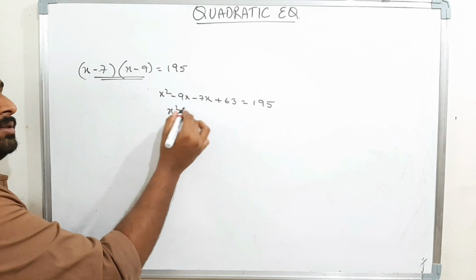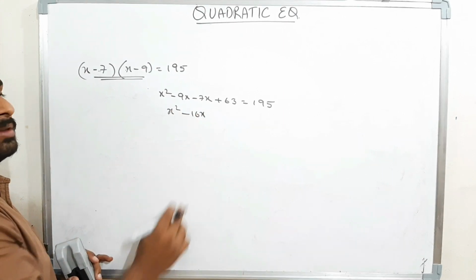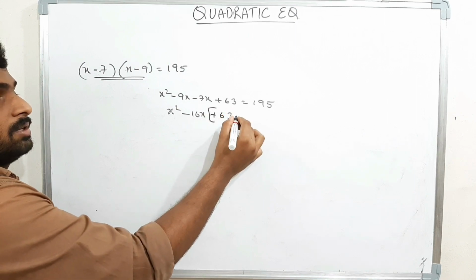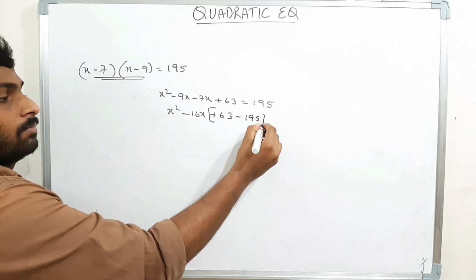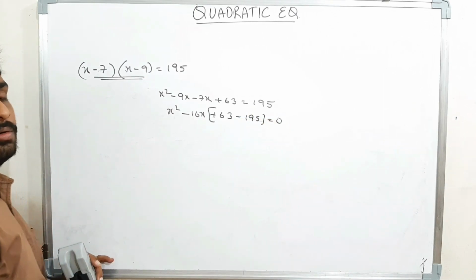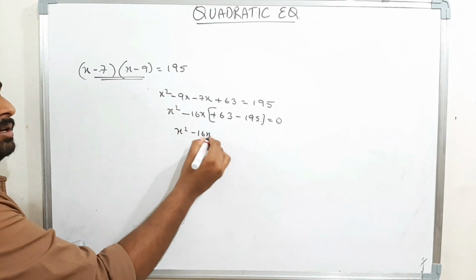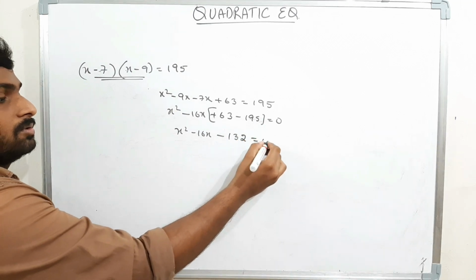Therefore, x square minus 16x plus 63 minus 195 is equal to 0. 63 minus 195 is nothing but minus 132, so x square minus 16x minus 132 is equal to 0.